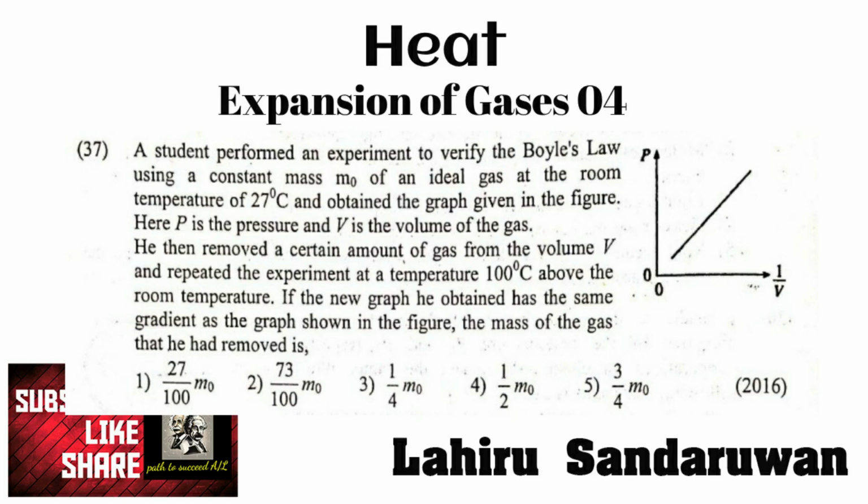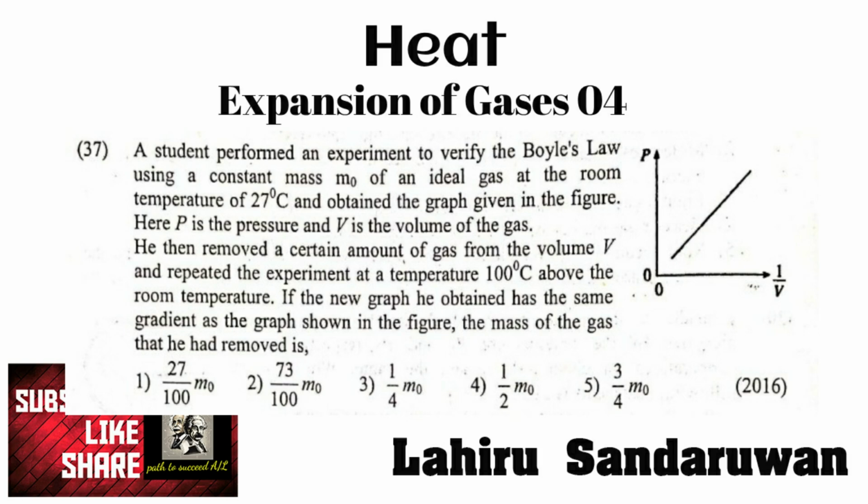A student performed an experiment to verify Boyle's law using a constant mass m0 of an ideal gas at the room temperature 27 degrees and obtained the graphs given in the figure. Here P is pressure, V is volume of the gas.